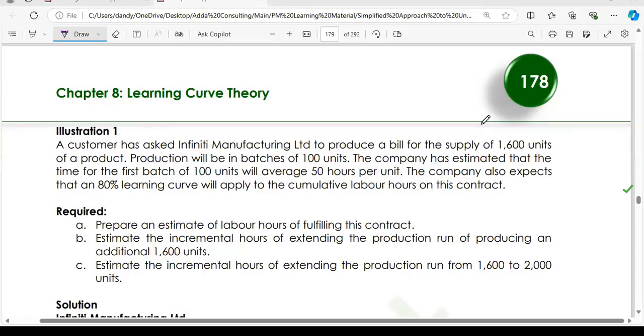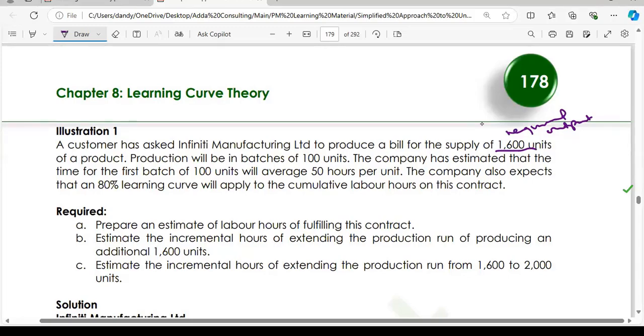Production will be in batches of 100 units. The company has estimated that the time for the first batch of 100 units will average 50 hours per unit. The company also expects that an 80% learning curve will apply to the cumulative labor hours on this contract. You are required to prepare an estimate of labor hours of fulfilling this contract.